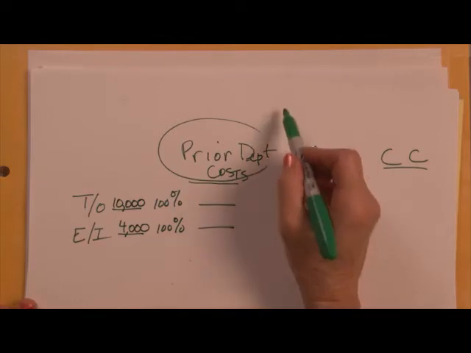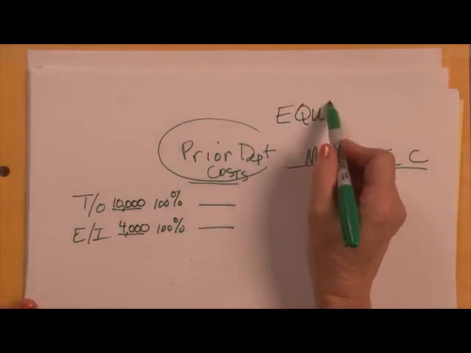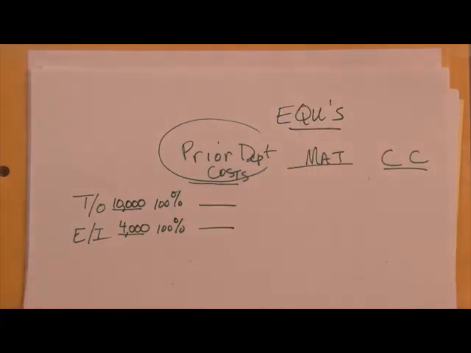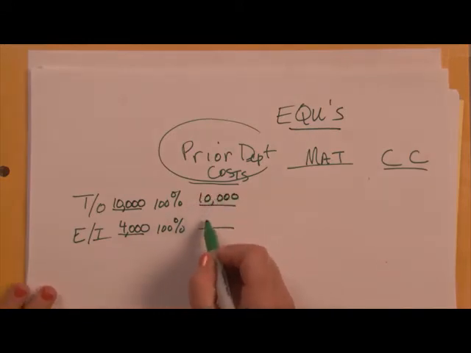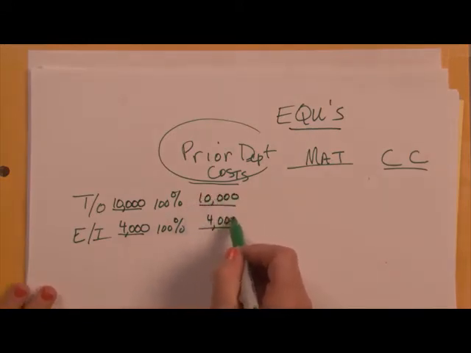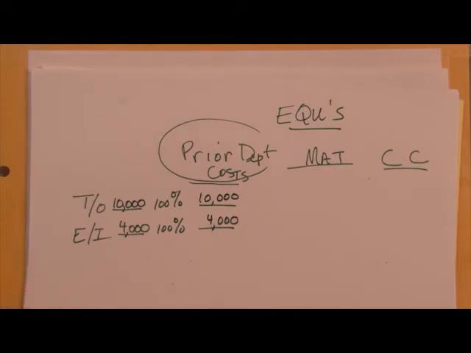But when we are computing EQUs, these will always be 100% for both transferred out and ending inventory, because they are 100% complete in terms of prior department cost.